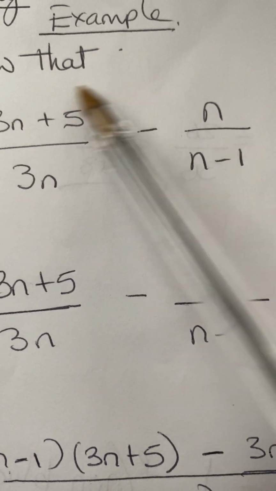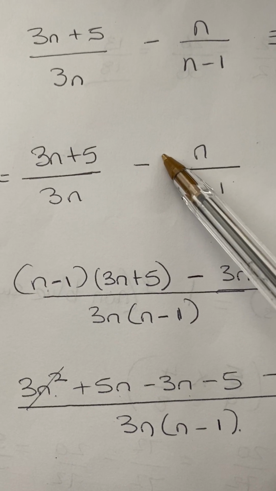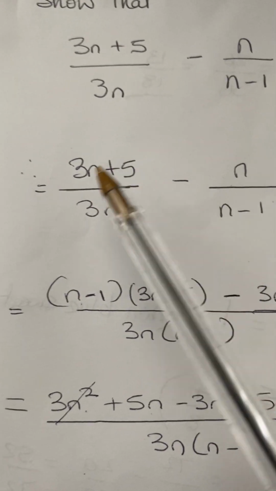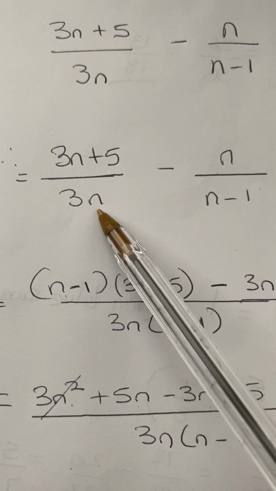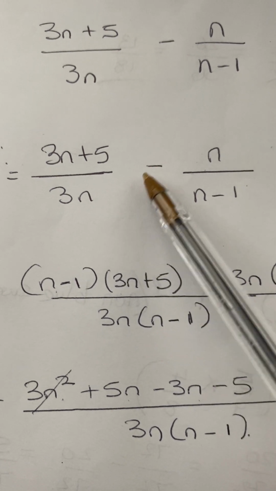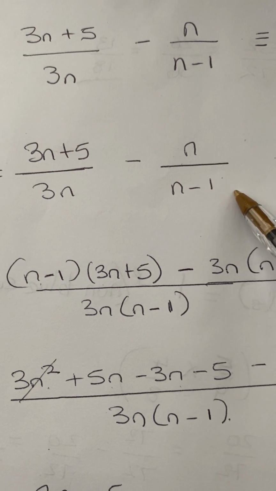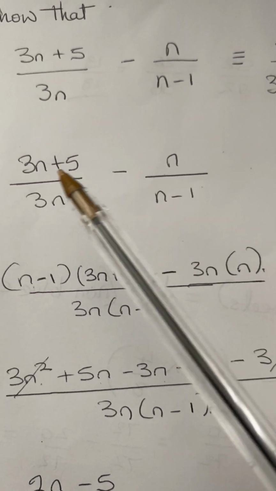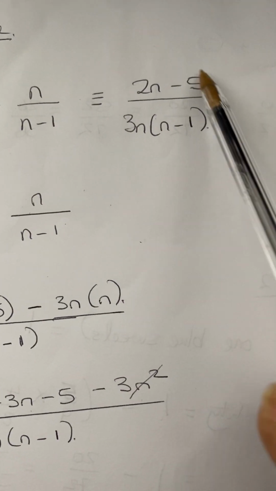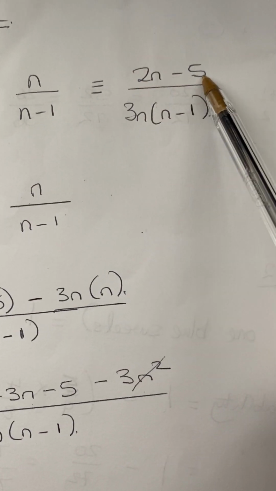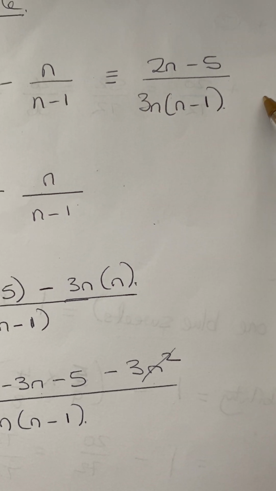So I'm going to bring this out. Okay, if you look at this question properly, it's 3n plus 5 all divided by 3n minus n over n minus 1. So I need to show that I can reduce this to 2n minus 5 over 3n(n minus 1).